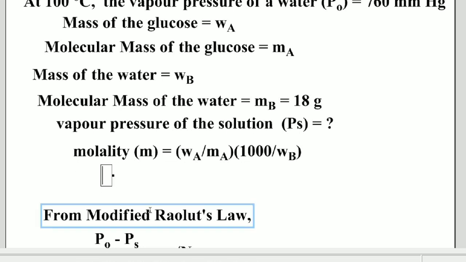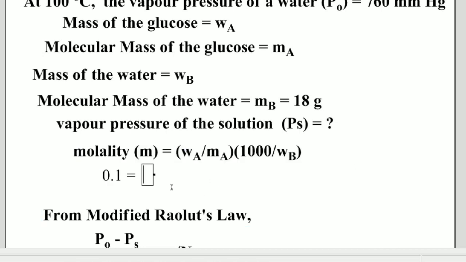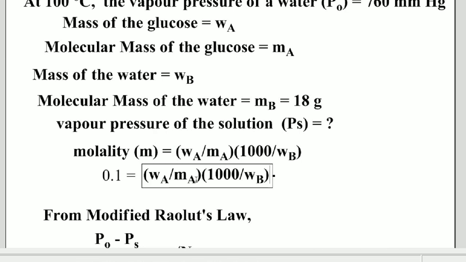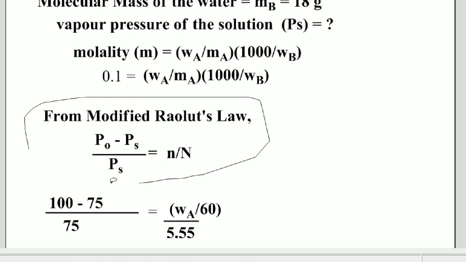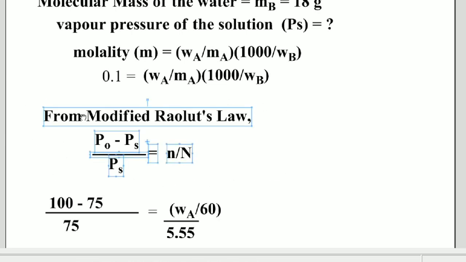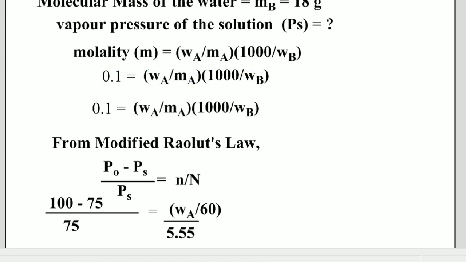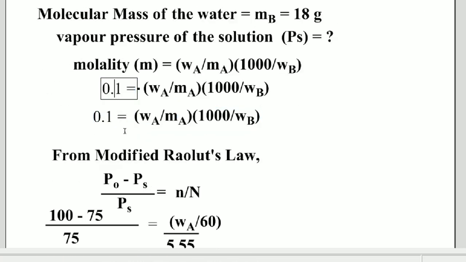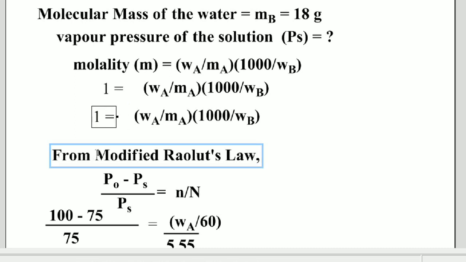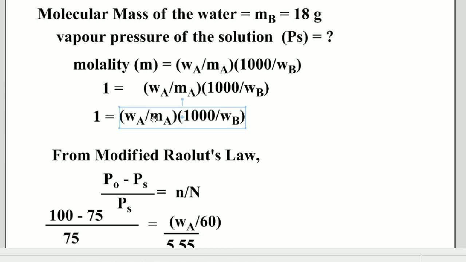So we get 0.1 is equal to WA by MA into 1000 by WB. Actually, the molality of the given solution is 1 molal, not 0.1. Therefore students, 1 is equal to WA by MA into 1000 by WB.